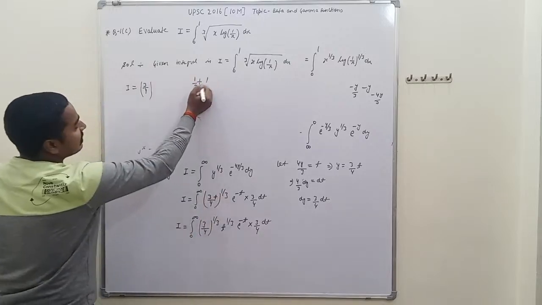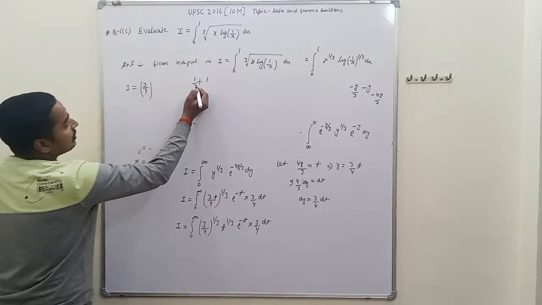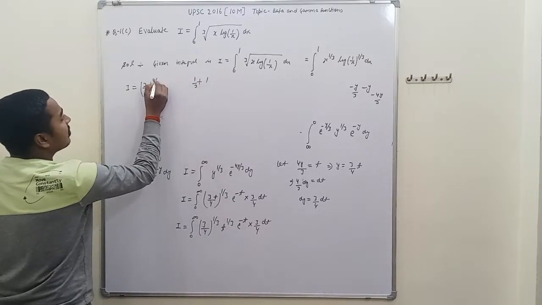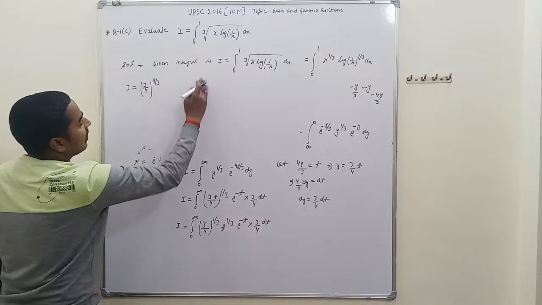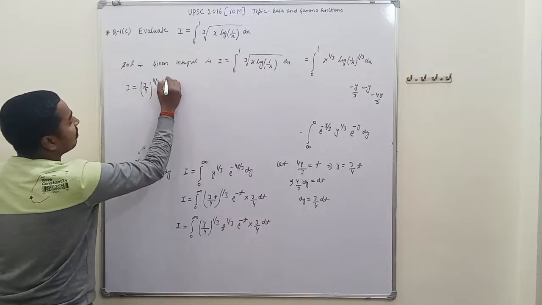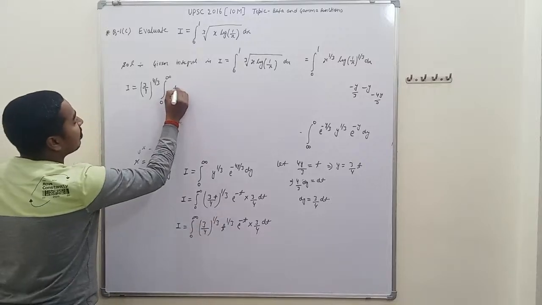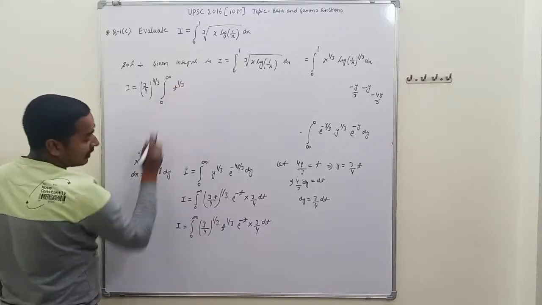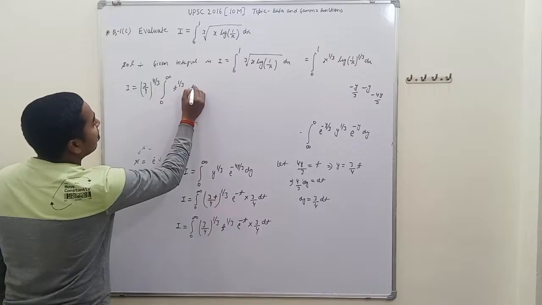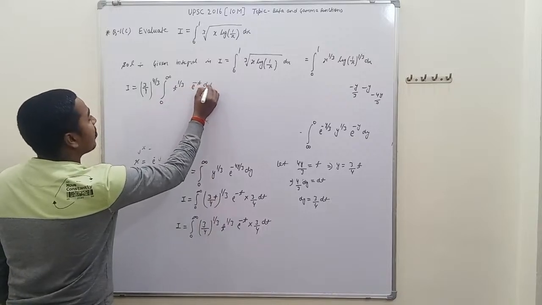This is written as 4 by 3. And integral limit is 0 to infinity, and here remaining is t to the power of 1 by 3 and e to the power of minus t dt.